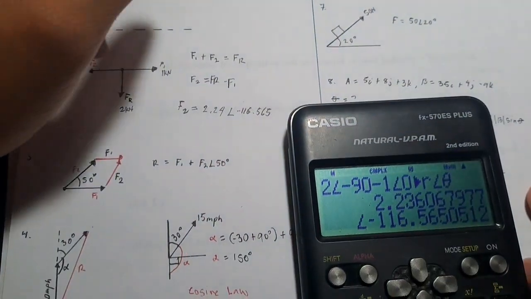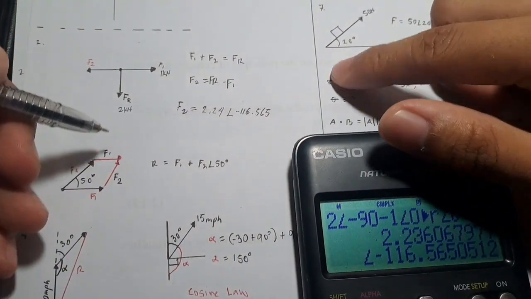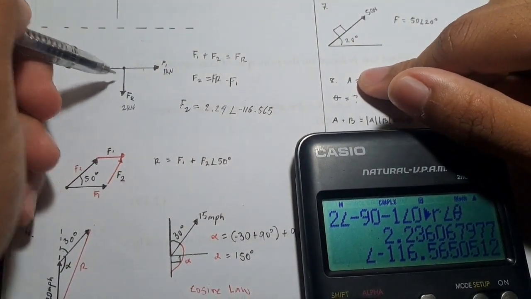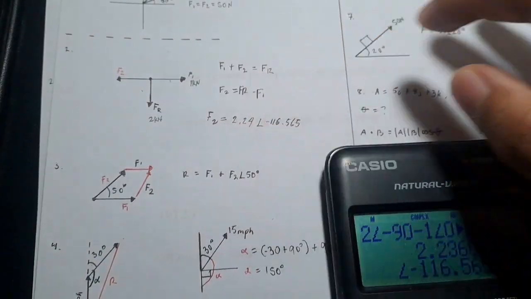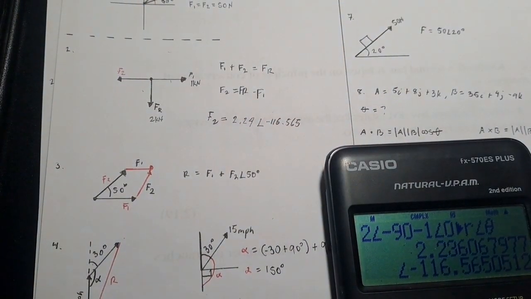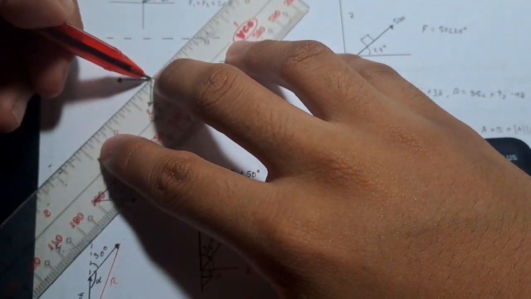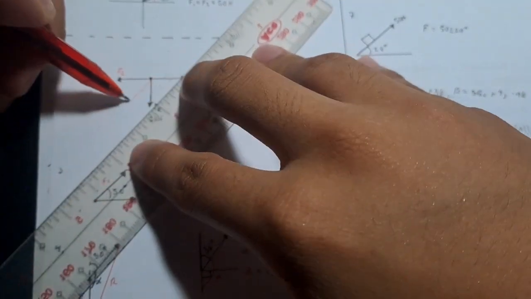Ayan. So that is same lang nito. Ganito siya paikot yan. So andito pala ang tunay na position ni F2. He is somewhere right over here. So andun pala ang tunay na position niya.